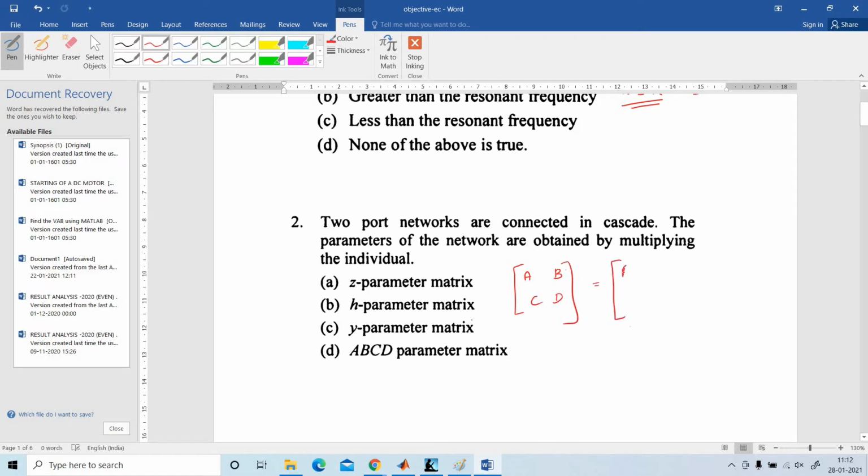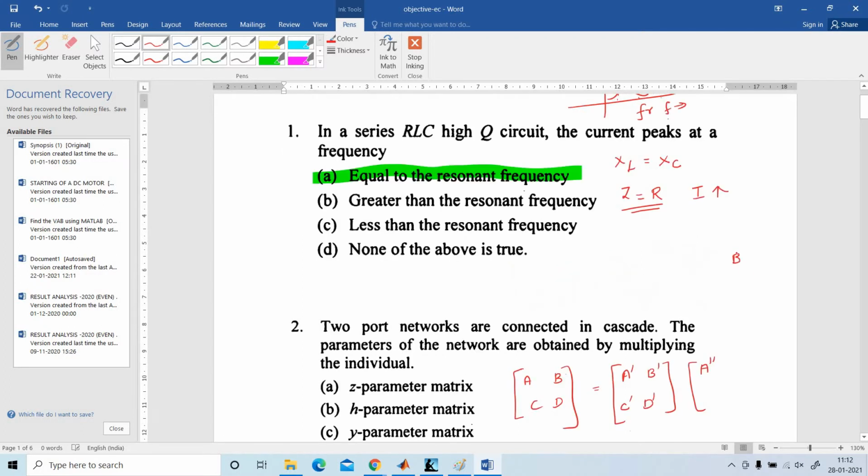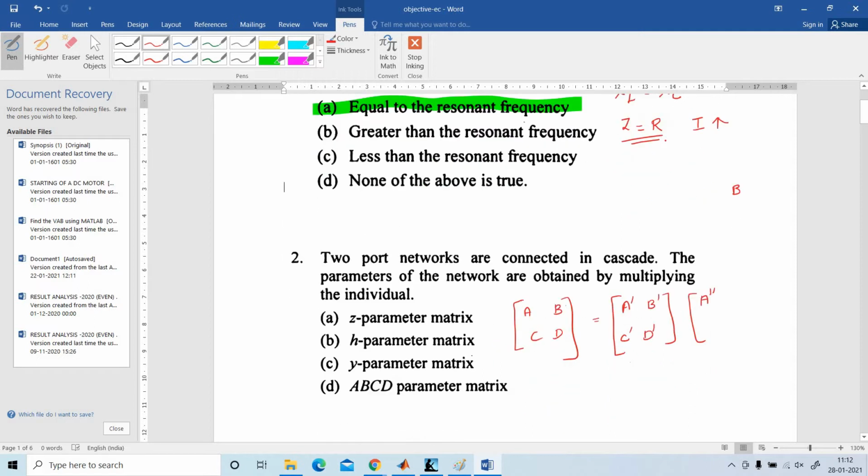So see, connected in cascade: A dash, B dash, C dash and D dash is multiplied with A double dash, B double dash, C double dash and D double dash. If we multiply both together, we get the ABCD parameter matrix. So, option D is the correct answer.